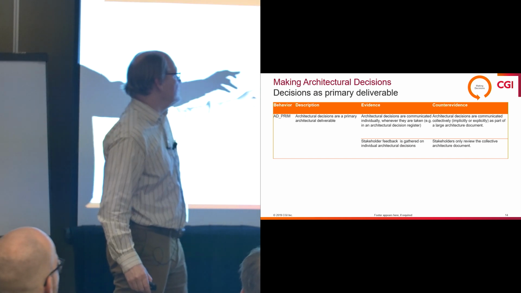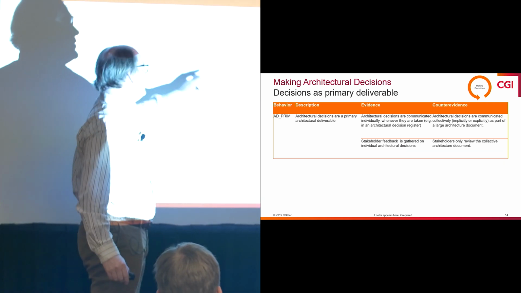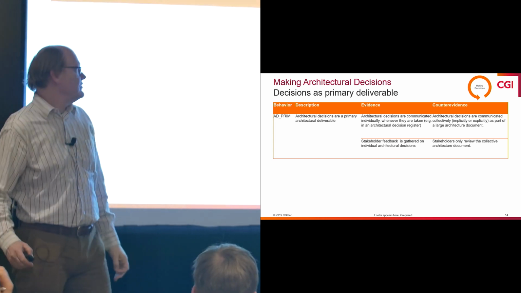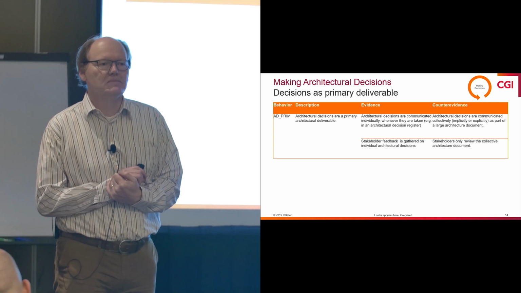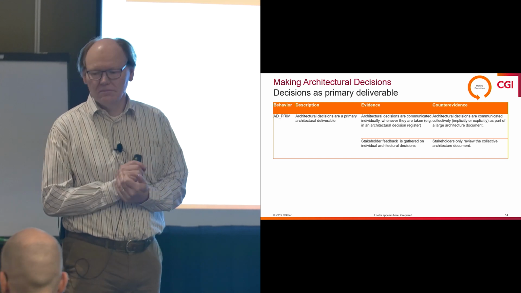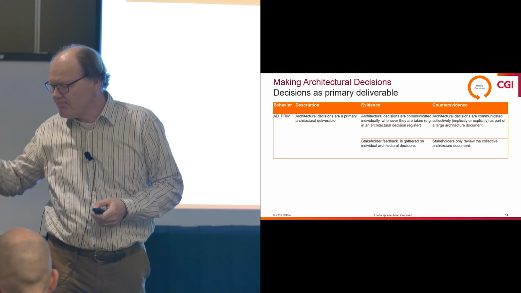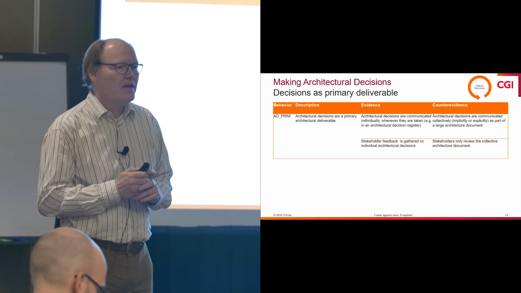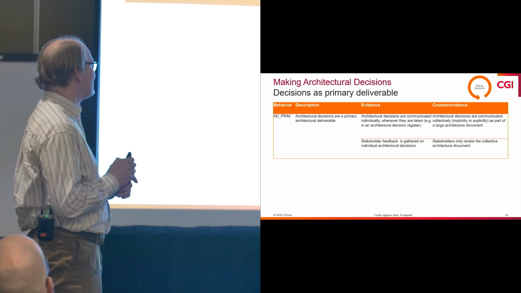And is the stakeholder feedback gathered only to review the collective architecture document, or, as evidence, is stakeholder feedback gathered on individual architectural decisions? Okay? Everyone graded themselves? All right.